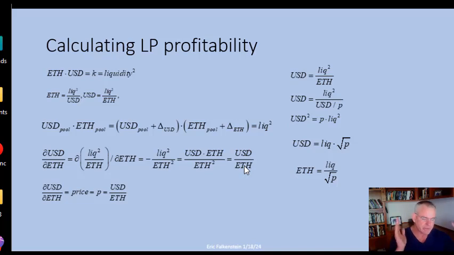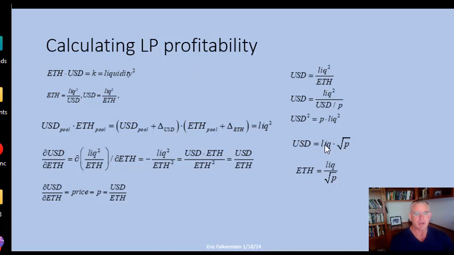It's a derivative, so that's for an epsilon amount of ETH added. But that's nice because it corresponds to our intuitive notion of the price. If I put in 1 ETH, I should get out 2,500 USD if the price is that. And the cool thing is you can use these simple equations, all from this one basic equation.